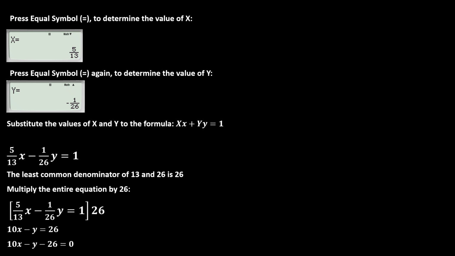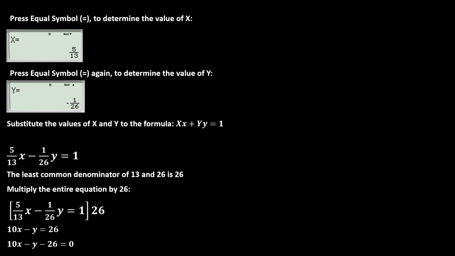Then we have to substitute the values of capital X and capital Y into the formula capital X small x plus capital Y small y equals 1. After the substitution process, we now have the equation of the line as 5 over 13 of x minus 1 over 26 of y equals 1.